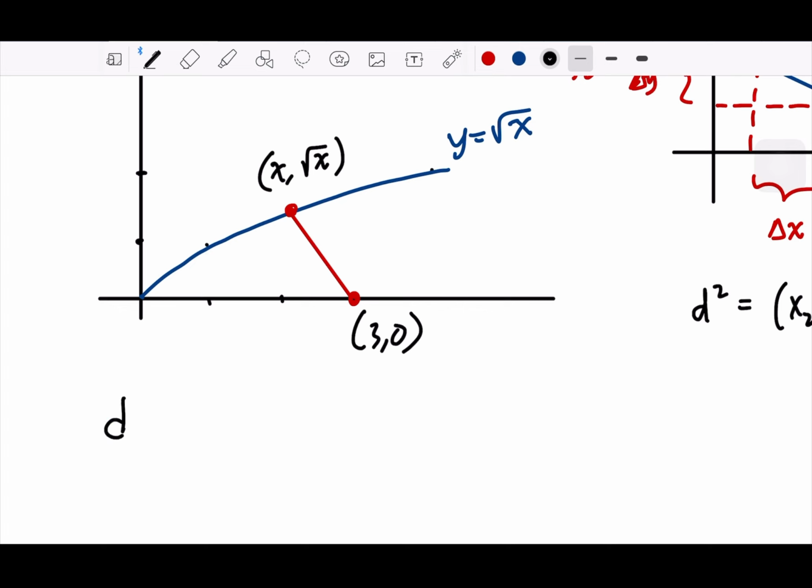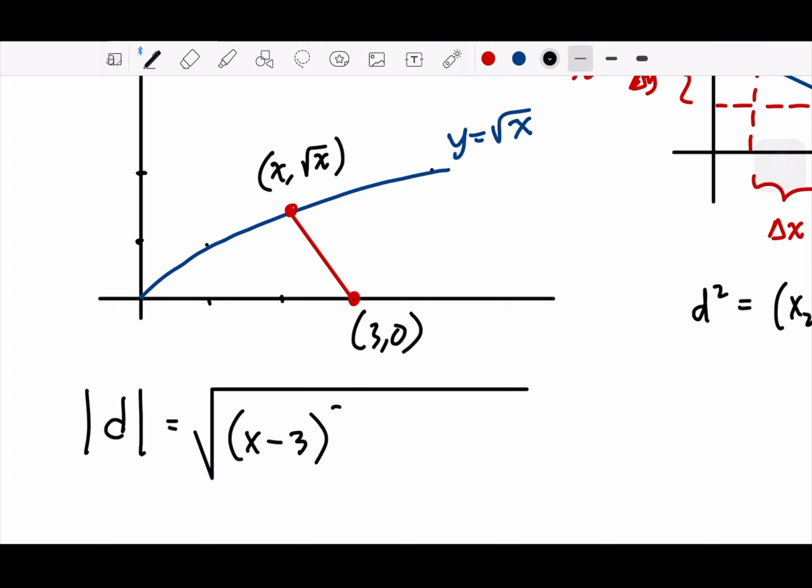The distance, we'll take the absolute value, the square root of (x minus 3) squared plus (square root x minus 0) squared, or just square root x squared.